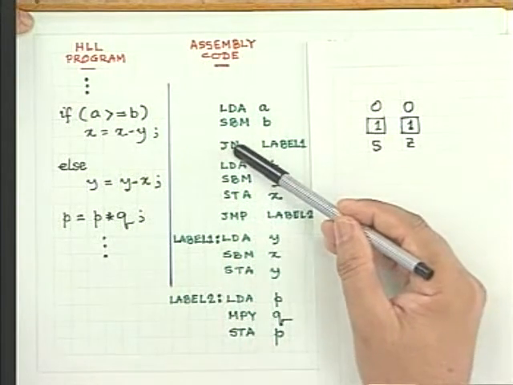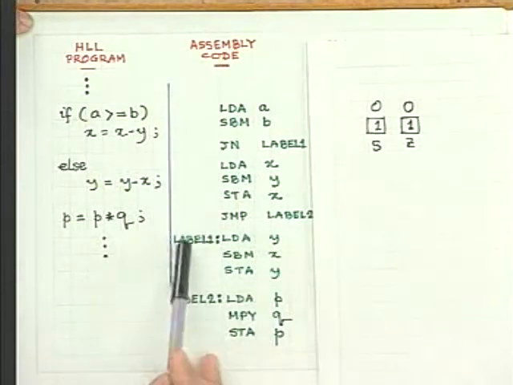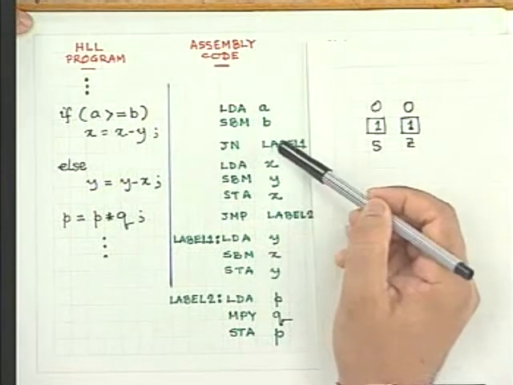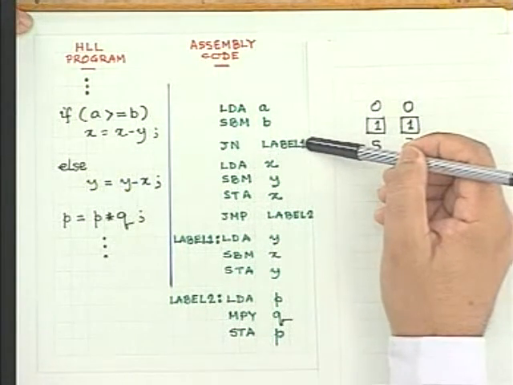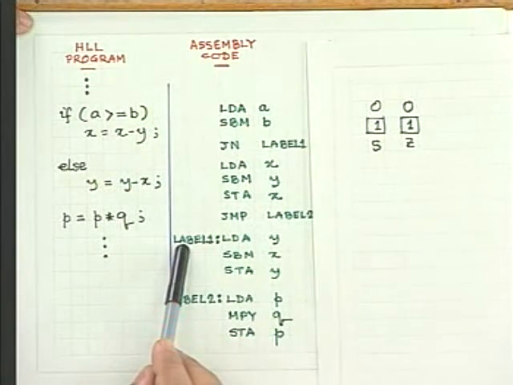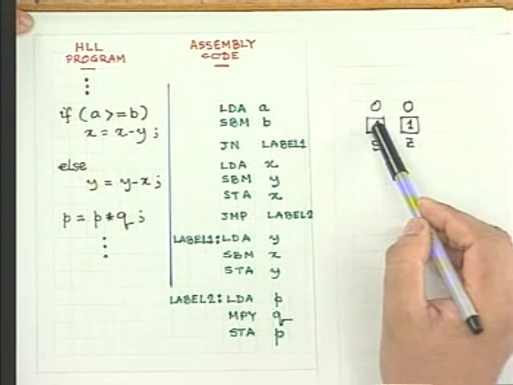That means if the result is negative, then jump to label 1, that is, it jumps from here to here. But if the result is non-negative, then this is executed. Therefore, this constitutes a two-way jump. Jump negative, it comes over to here. By negative, you mean that the sign flag is set to 1.